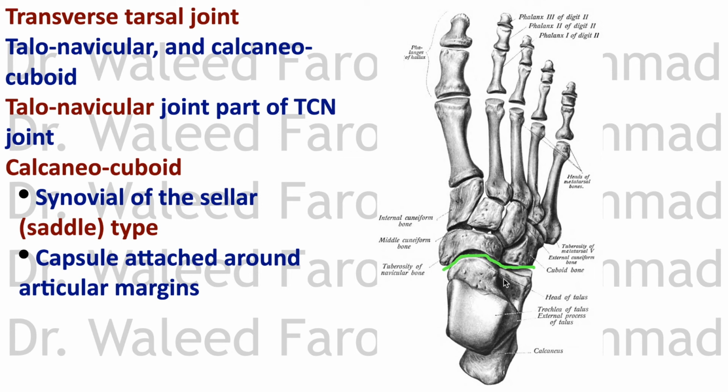The famous ligament is the bifurcate ligament. Actually, the lateral part of the bifurcate ligament is for the calcaneocuboid joint, and the medial part for the talonavicular or the calcaneonavicular joint. Okay.